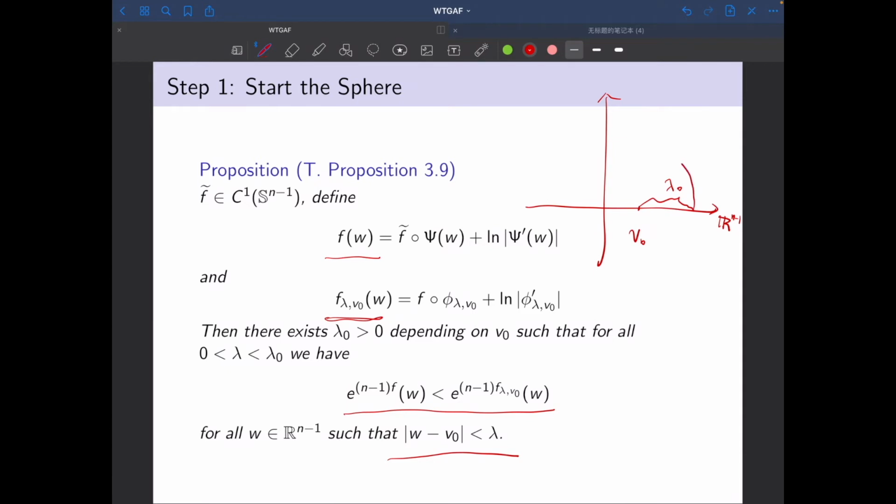If you choose a sphere that has radius less than lambda naught, let's say here this radius is lambda, then if we do inversion with respect to the green sphere, the original function will be less than the inverted function. The comparison actually happens on the boundary, so it is this.